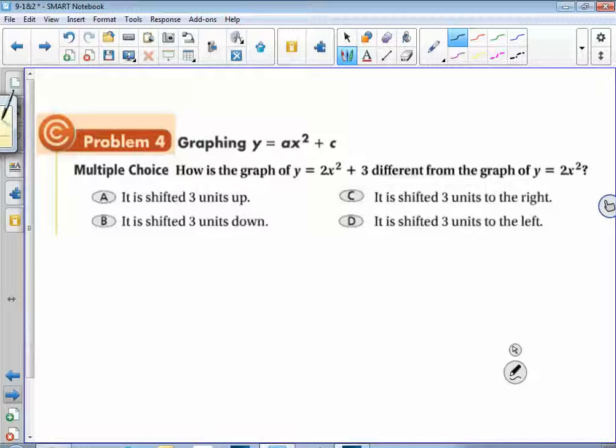All right, how is the graph of y equals 2x squared plus 3 different from the graph of y equals 2x squared? Well, I have no idea, but what I can do is go to Desmos.